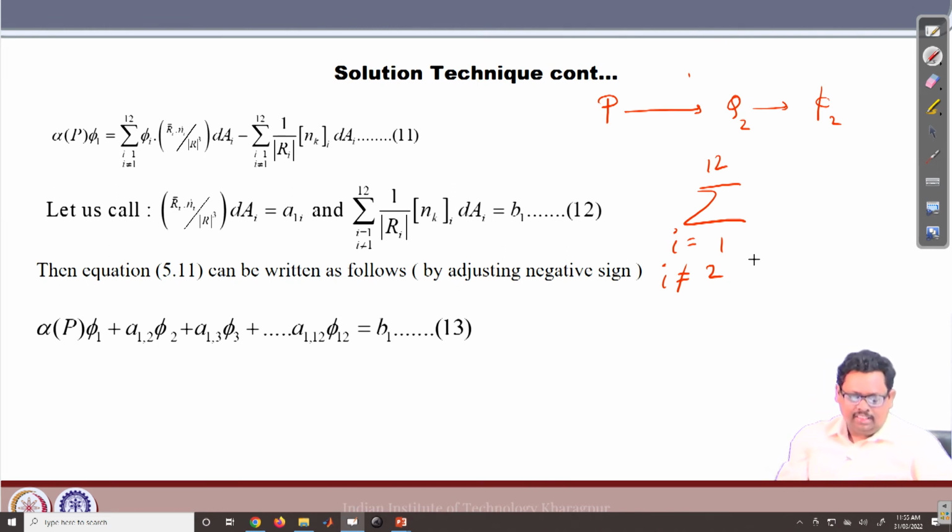So, then actually here we can get a second equation as follows: sum in phi 1, now everything with respect to 2. So, a 2 2, and in case of a 2 2 ignore it.